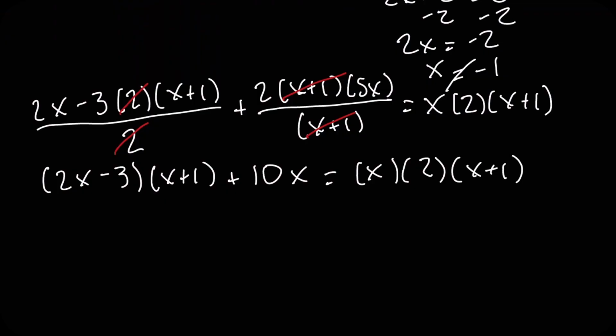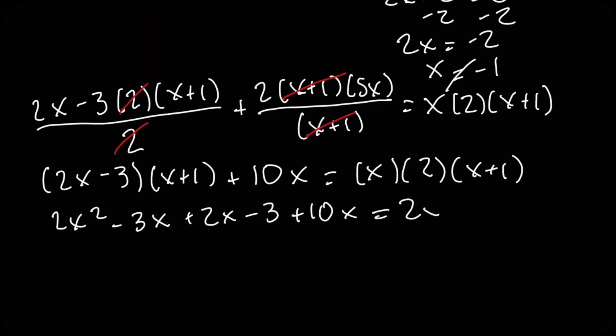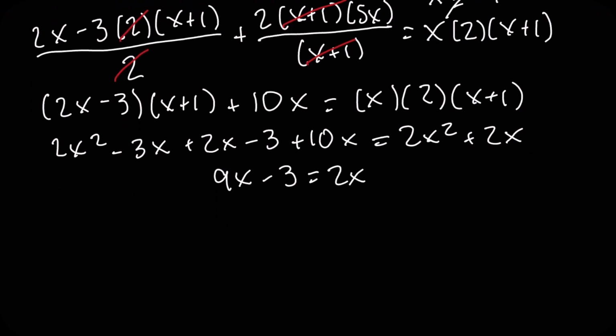So let's go ahead and multiply out even more. We're left with 2x squared - 3x + 2x - 3 + 10x, and that's going to be equal to 2x squared + 2x. So reducing all of this down, we will get 9x - 3, and that's going to be equal to 2x, and we can go ahead and get like terms.